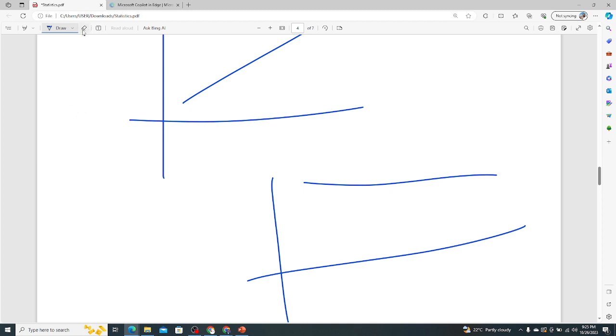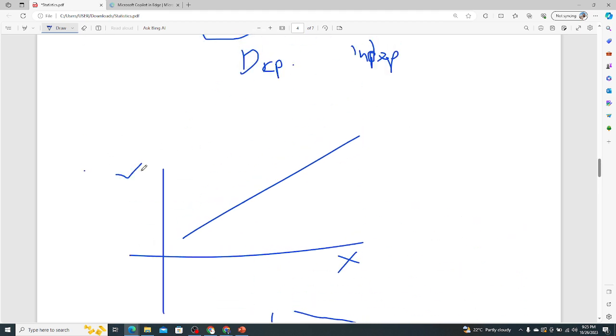Sorry, let me redraw it. So this is y, this is x. From the first, this is the positive regression line.